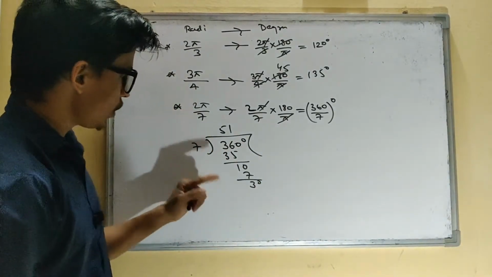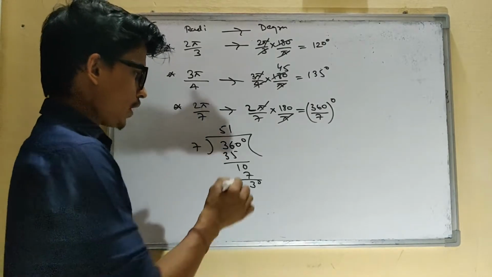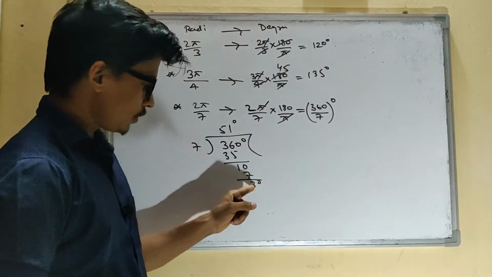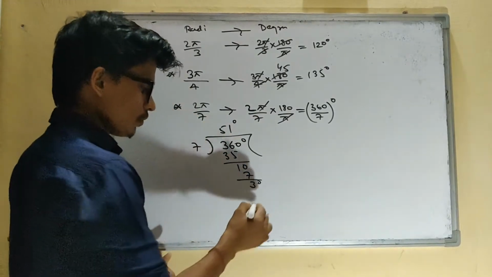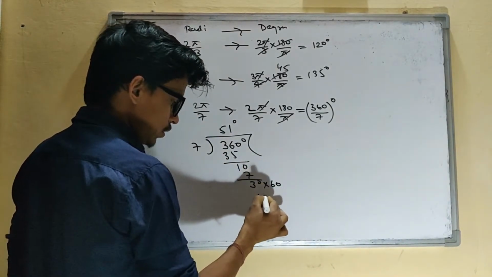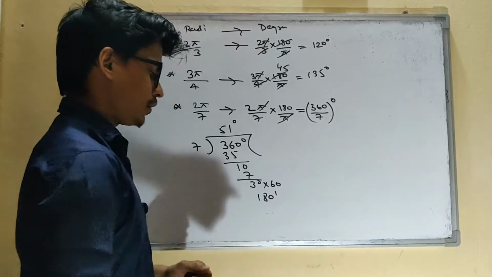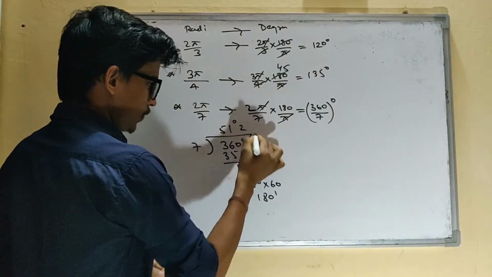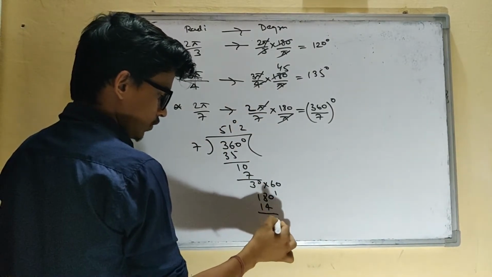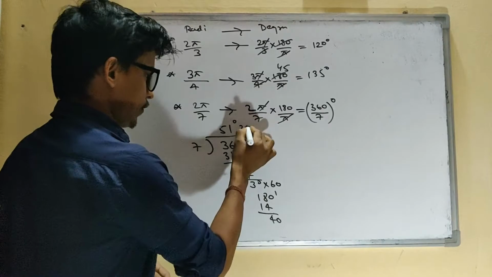Now you cannot perform further division. So what you have to do, you convert it into minutes, right? So 3 degree is how many minutes? Multiplied by 60, it is 180 minutes. Okay, now again 7 2s are 14, 4 0, and 7 5s are 35.